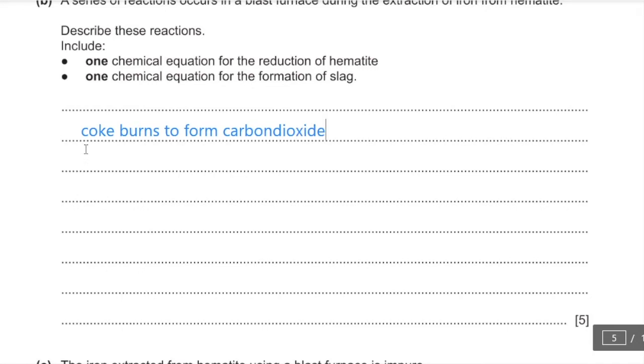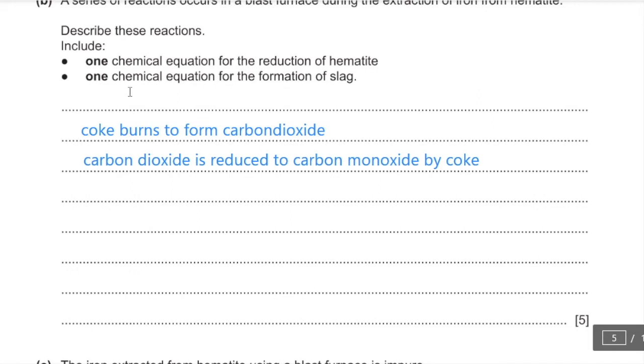The next step is that this similarly coke reduces carbon dioxide to carbon monoxide. And the third step is that this carbon reduces iron oxide or hematite.